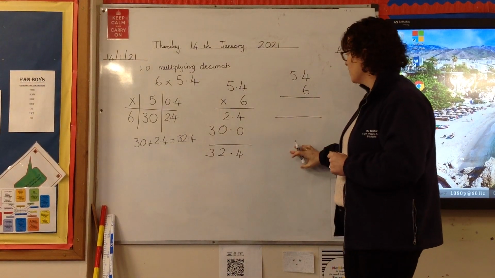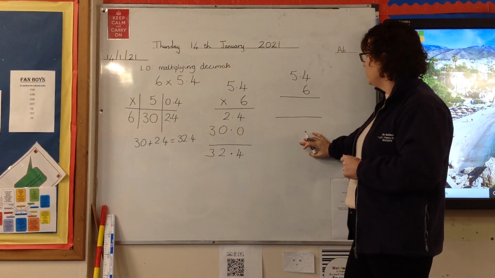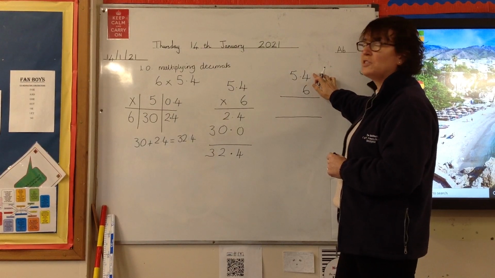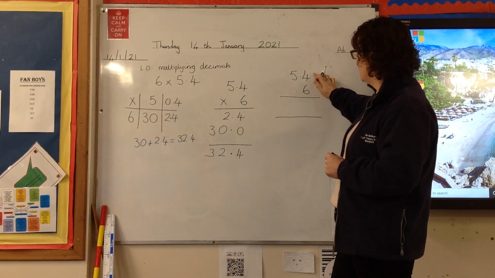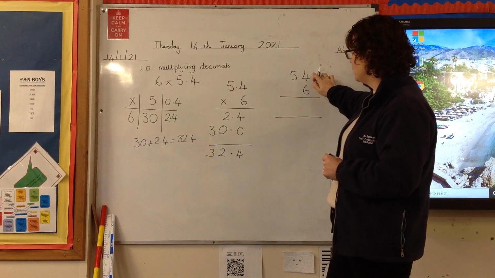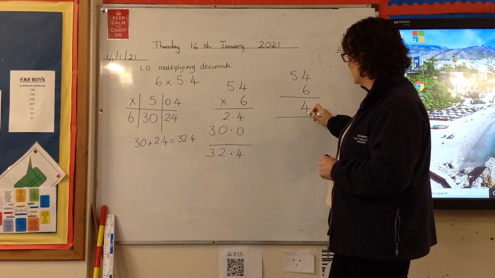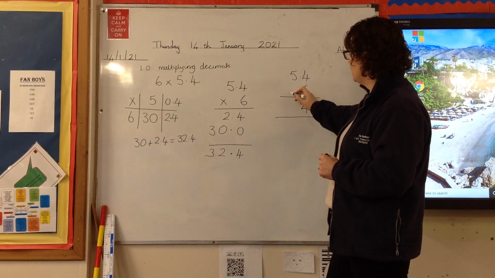This time we would do 6 times 4, not 0.4, just 6 times 4, which is 24. We would put our 4 there, and we carry our 2 as normal.